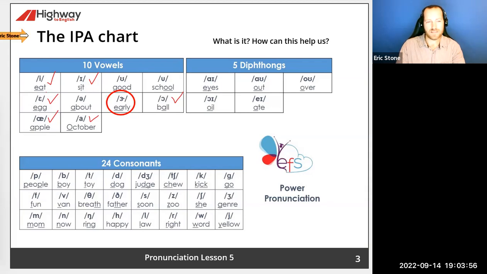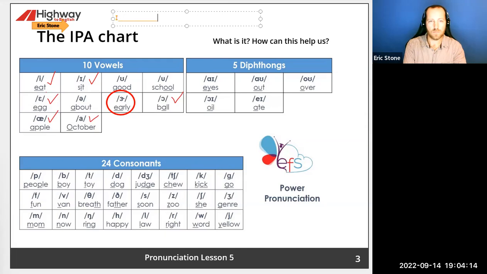Before we move on, do you guys remember what's the meaning of IPA? Anyone know? You can raise your hand or just open the mic. What's the meaning of IPA? Anyone remember?